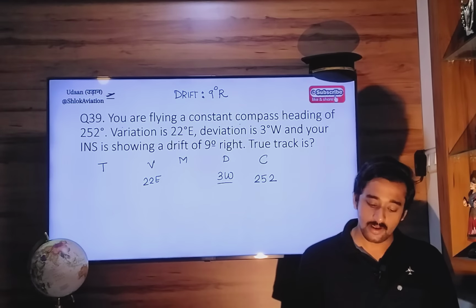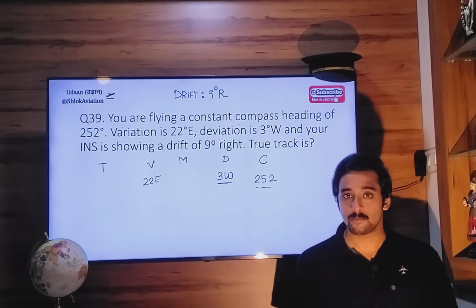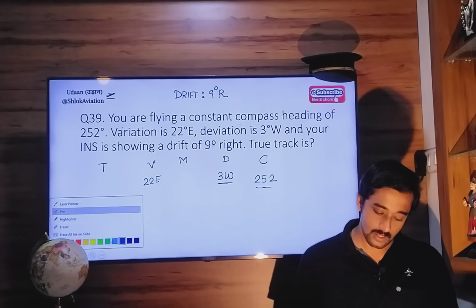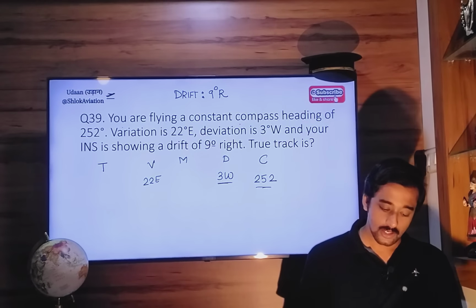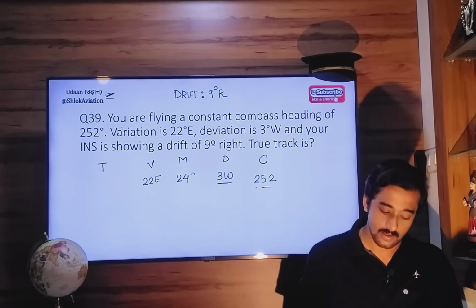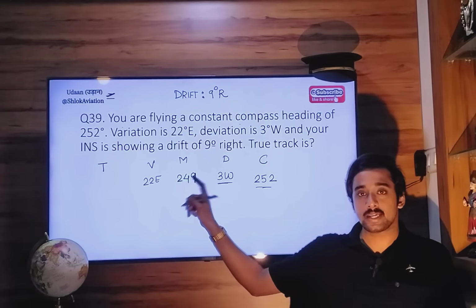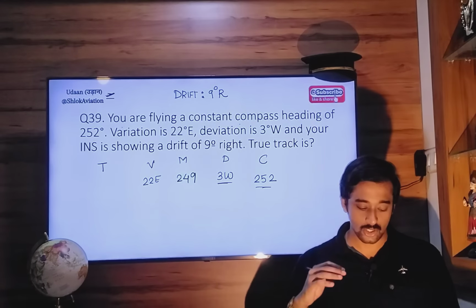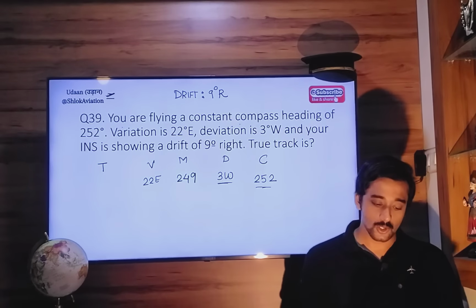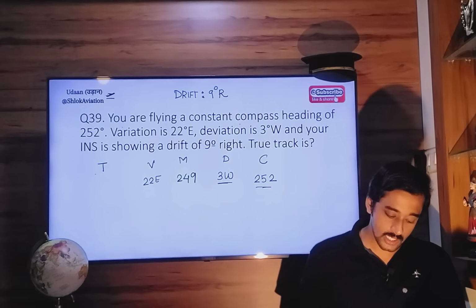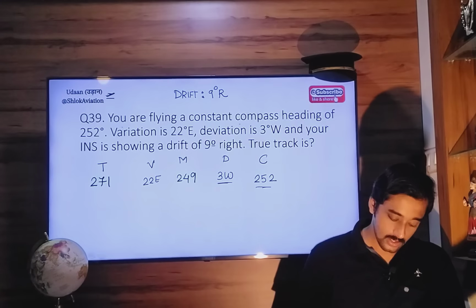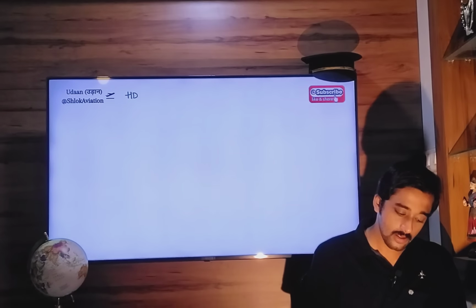Deviation west, compass is best, meaning compass will be more than magnetic. So magnetic will be less than compass by 3. So 249. Variation east, magnetic is least, meaning magnetic is less than true direction, right? So true will be more than magnetic by 22.